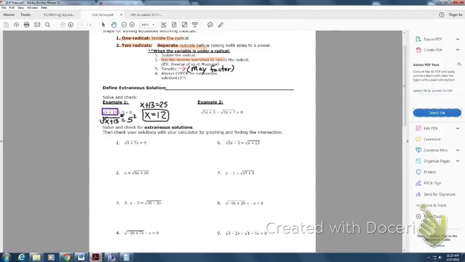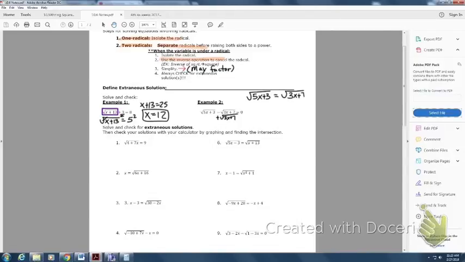Okay, so going over to example 2, you've got the two radicals. And it's got the first step up there: you need to separate them. So it's one square root minus another one. I can add that to the other side just like it's a term. So they're just going to equal each other. So I've got the square root of 5x plus 3 equals the square root of 3x plus 7.